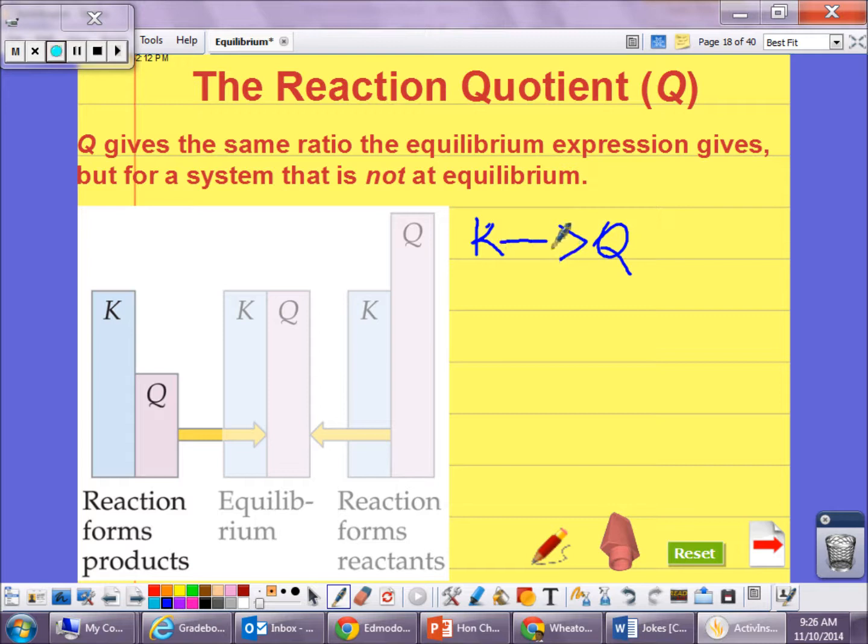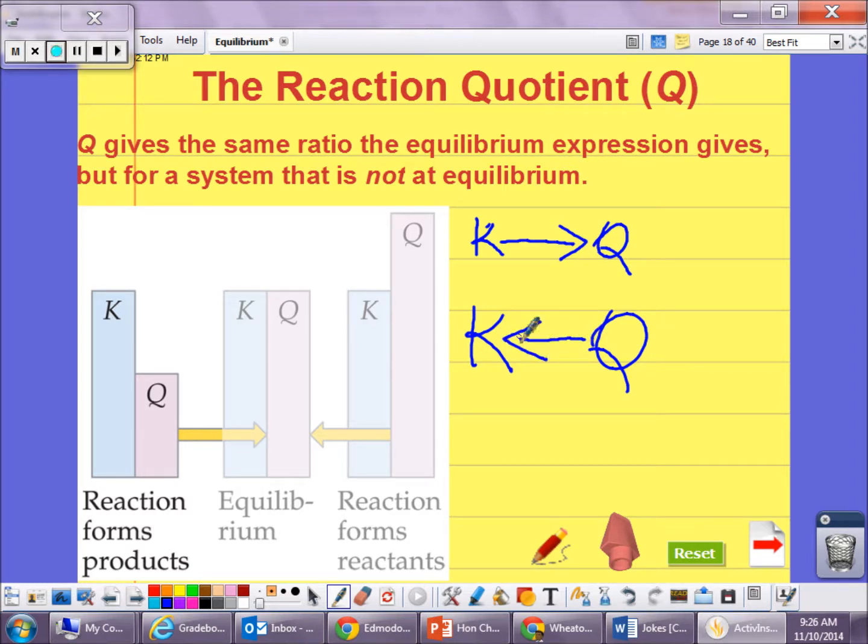And that's the way my arrow from the equation will go. That means the equation will shift to the right, to the product side, to increase your K. The reaction forms products. The reaction will shift to the right to produce more product. Okay, if K, let me write down K again. This is Q. If Q is greater, if I put a greater sign facing Q, Q greater than K, this will be the head of the arrow.